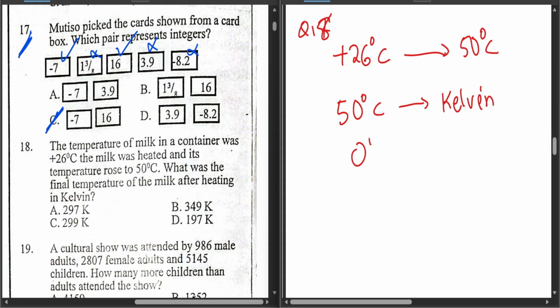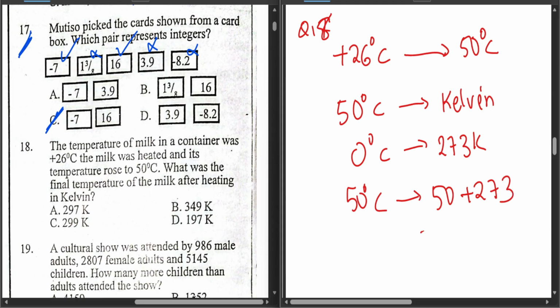So we know that 0 degrees Celsius is equal to 273 Kelvin. So what about 50 degrees Celsius? Then therefore you just add 273 to 50 and you'll get 323 Kelvin.